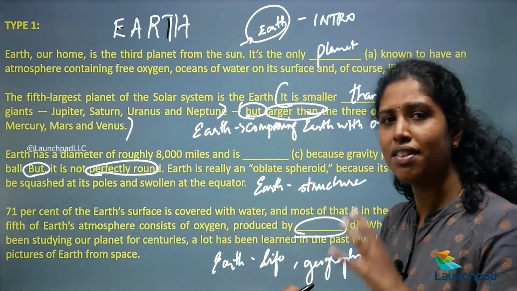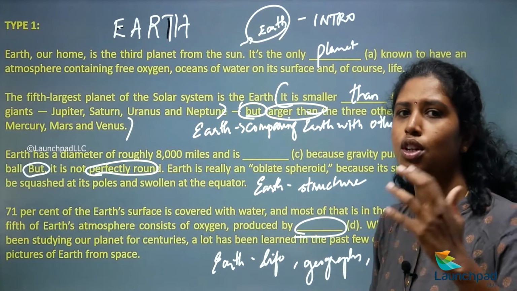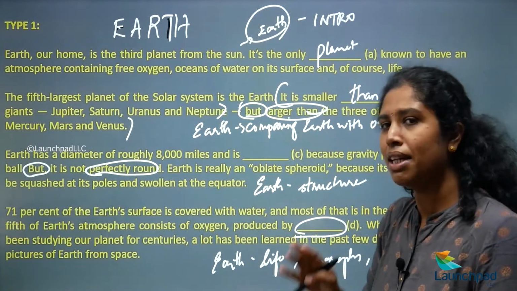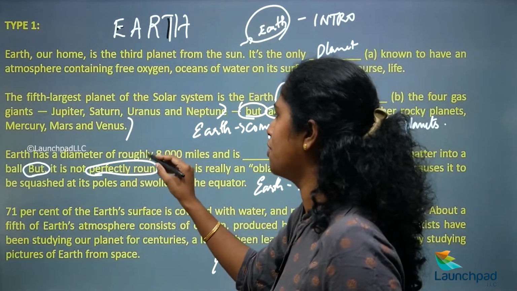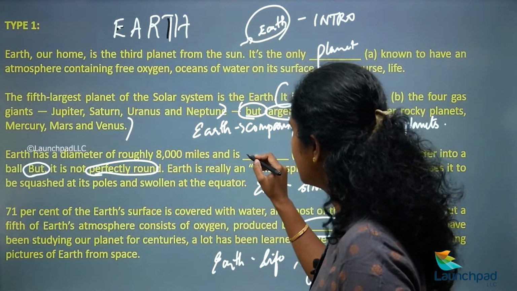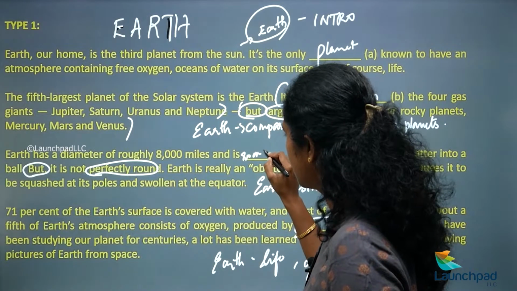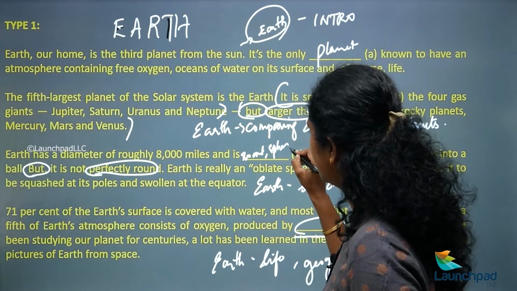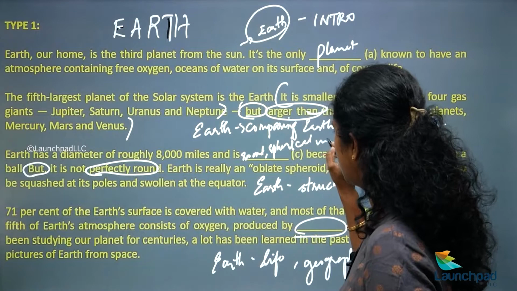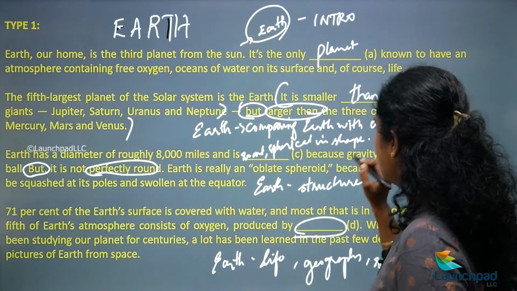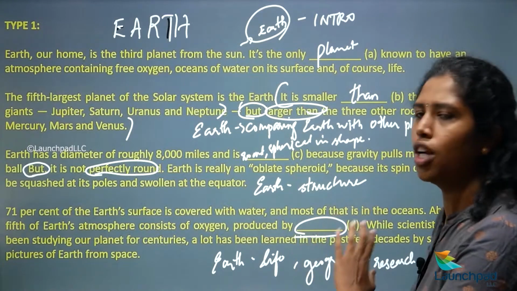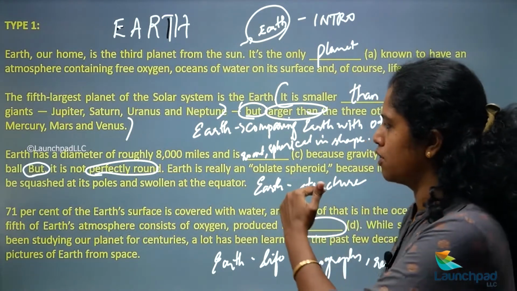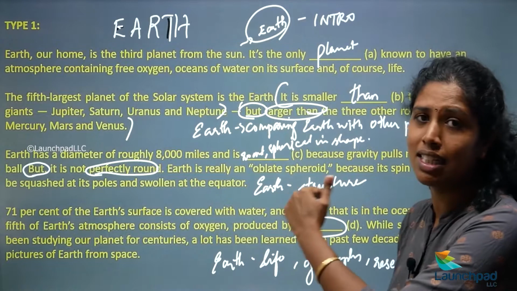Only when you say that it is round or pure, you can say, but it is not perfectly. So Earth has a diameter of roughly 8,000 miles and is maybe round, or spherical in shape, because gravity pulls matter into a ball, but it is not perfectly round. So we are done with the assumption of the 3rd paragraph.